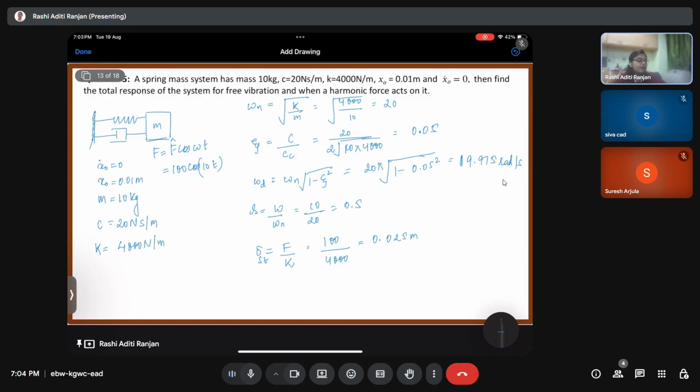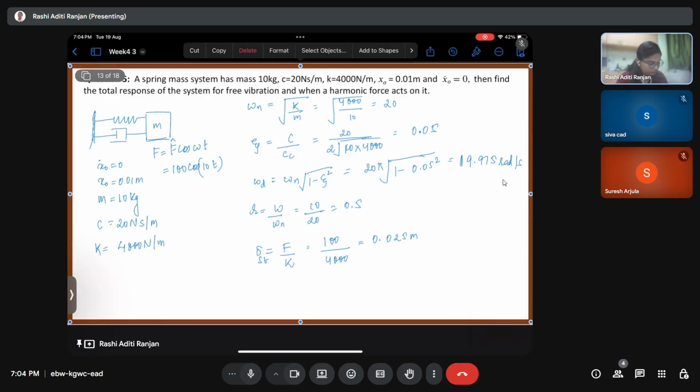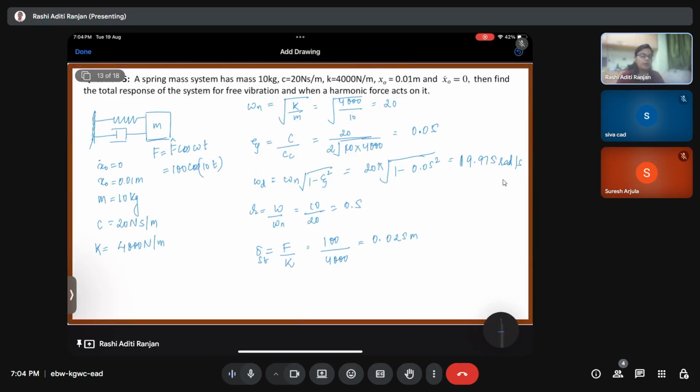Now when we have to find out the solution, for the harmonic excitation, if there is some kind of a harmonic excitation in the system, how do we write the solution?